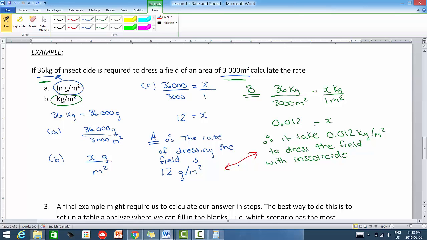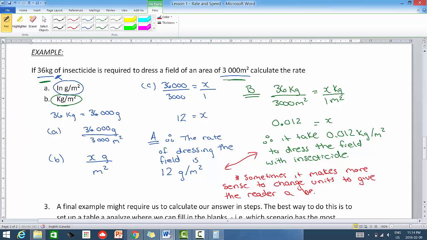So sometimes it makes more sense to change units to give the reader a better perspective. And that's why I had to just do it in grams per meter squared and kilograms per meter squared.